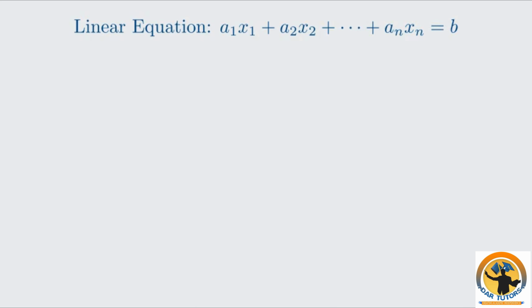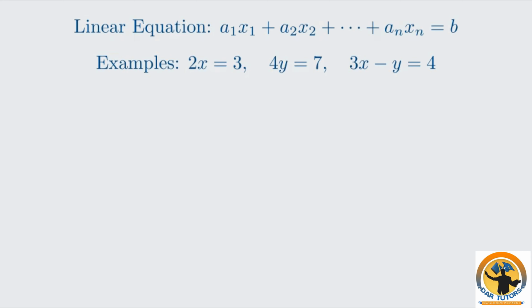There are no products of variables, no square roots of variables, and no variables in the denominator. For example, 2x equals 3, 4y equals 7, and 3x minus y equals 4 are all linear equations. Notice how the variables x and y are only to the first power.